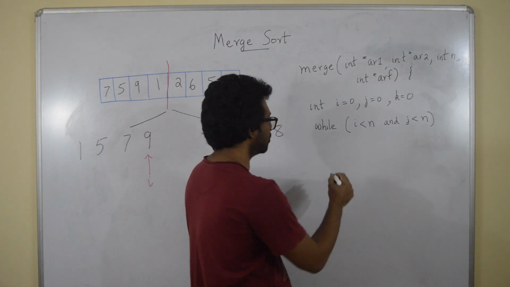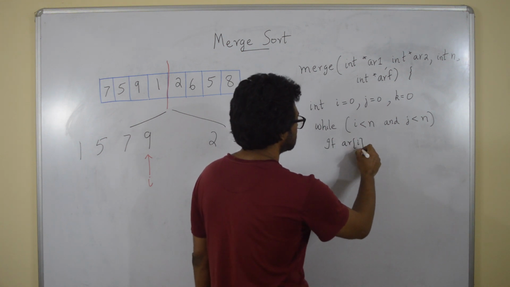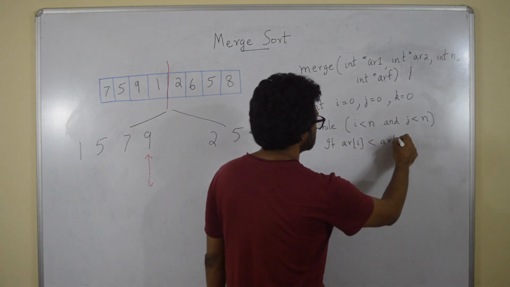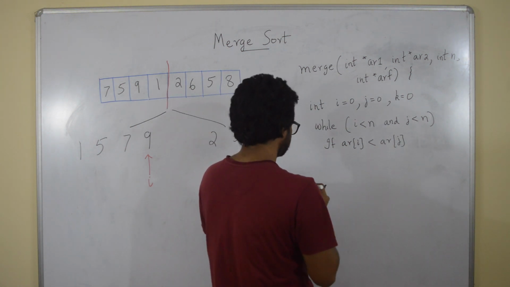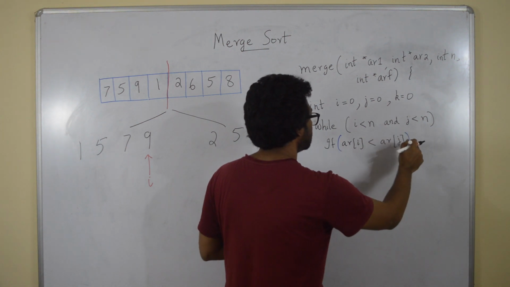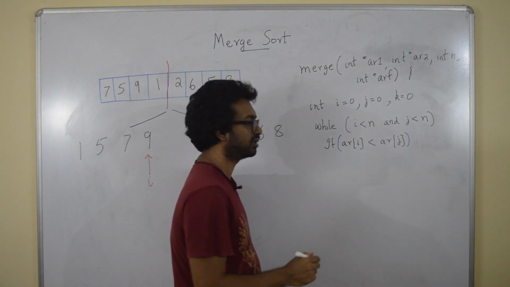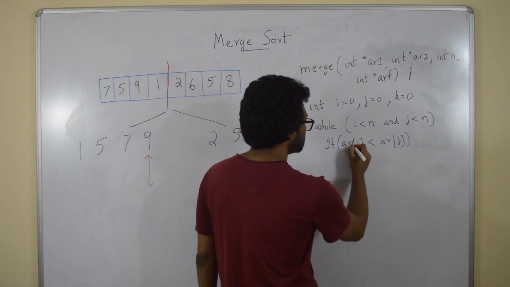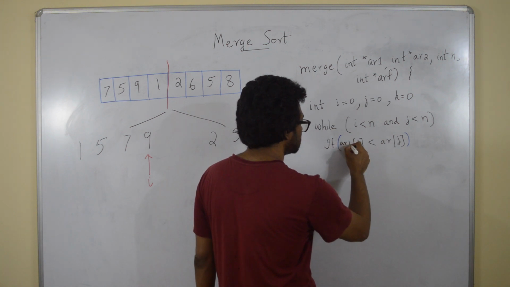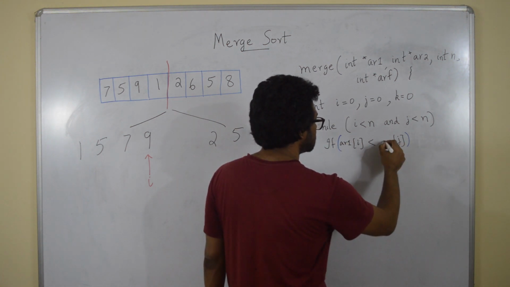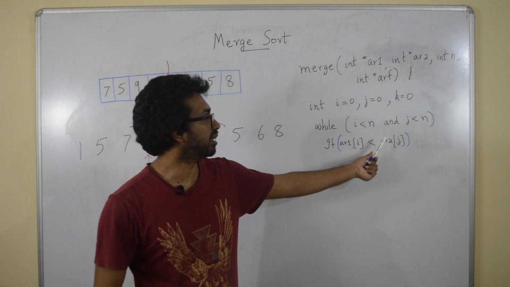We're going to compare both of them. So if AR of i is less than AR of j, what is it we have to do? We have to copy the lower one into the new array, right? So okay, AR1 of i and AR2 of j.